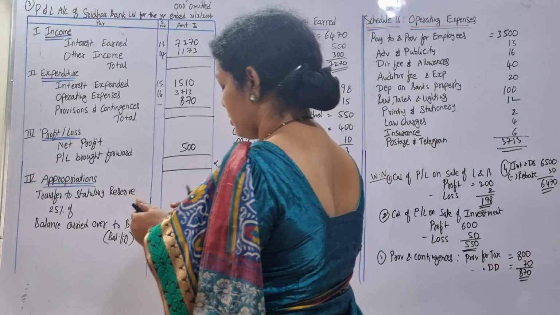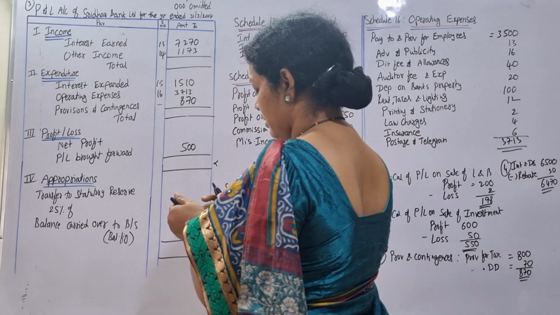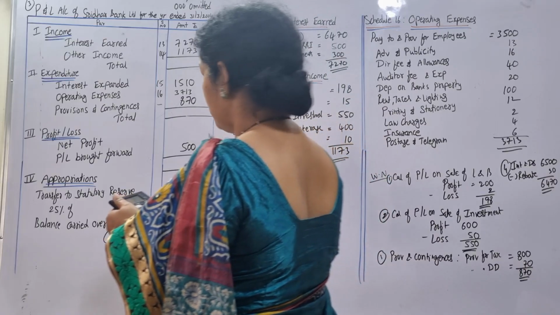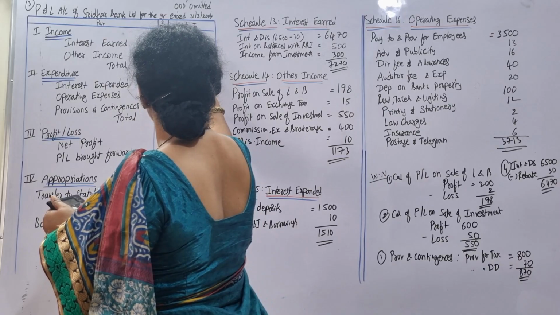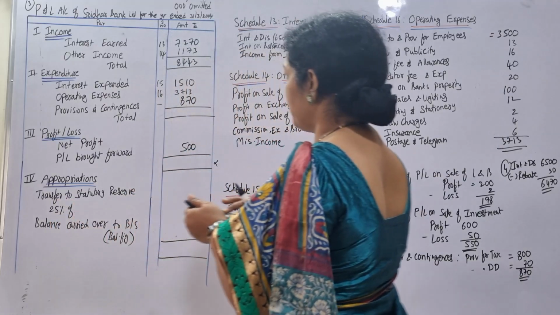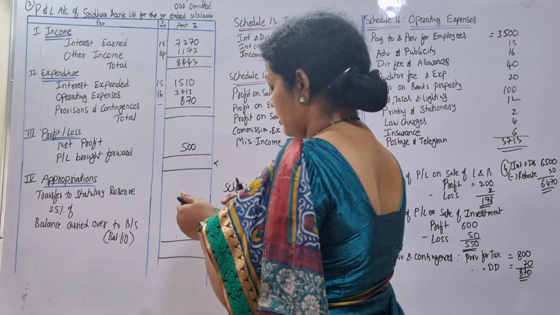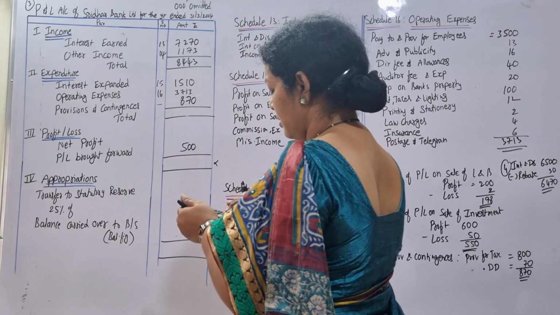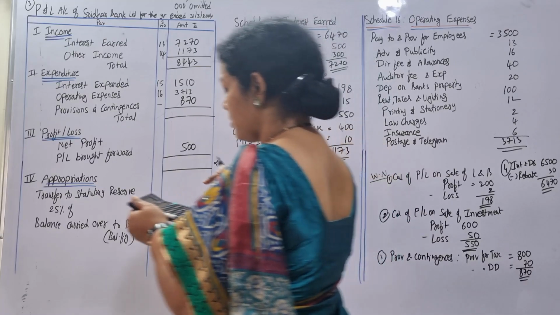Now we'll total this one. Total income is how much? 7270 plus 1173 comes to 8443. This is total income. Now total expenditure is 1510 plus 3713 plus 870, comes to 6093.